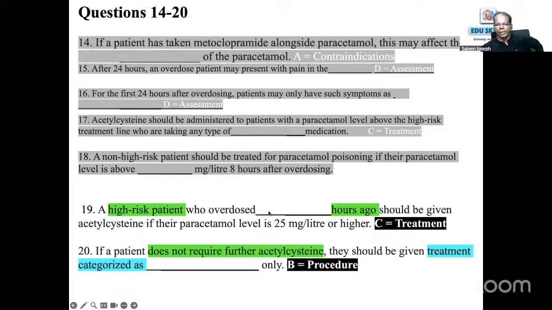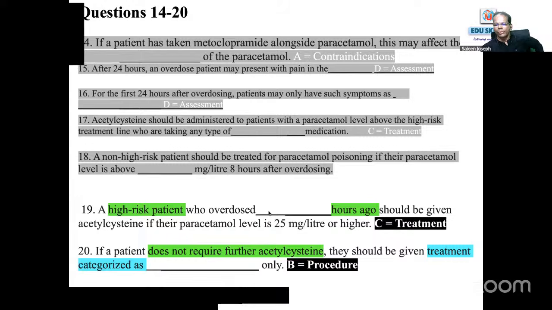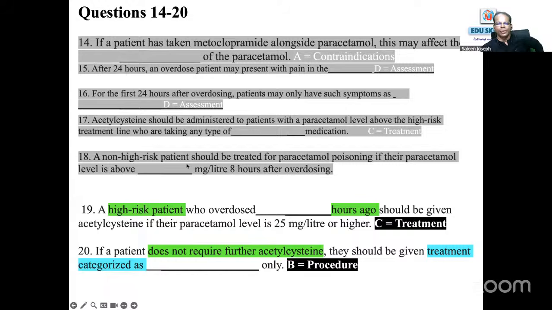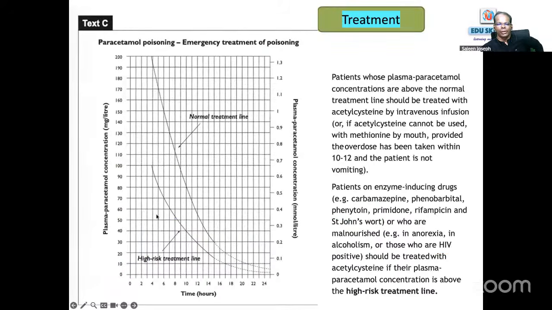So you have to look for 25 milligram per liter or higher, high-risk patient, and you have to find out the hours. Earlier it was mg per liter you had to find out. Now you have to find out which hours. Okay, 12 hours.